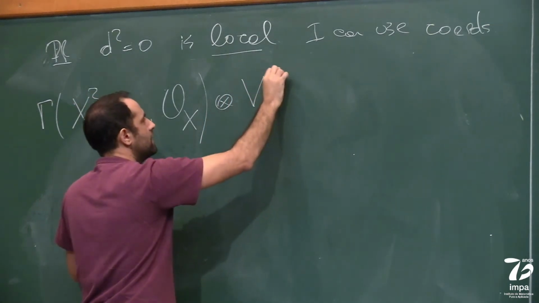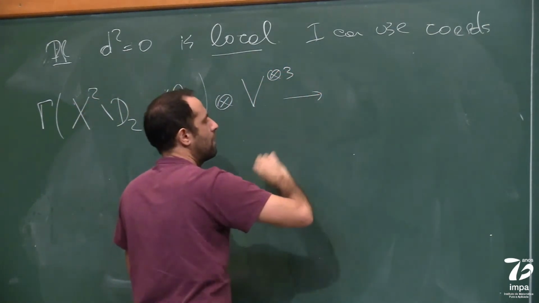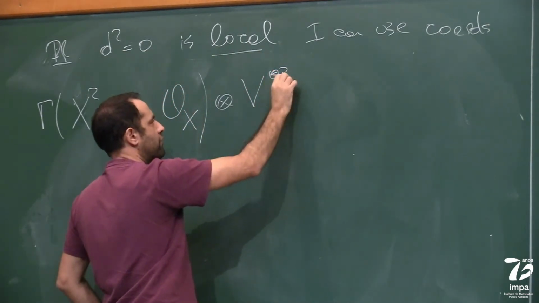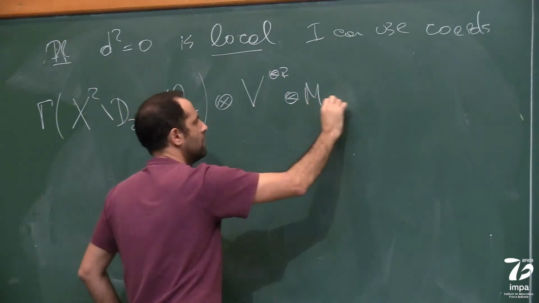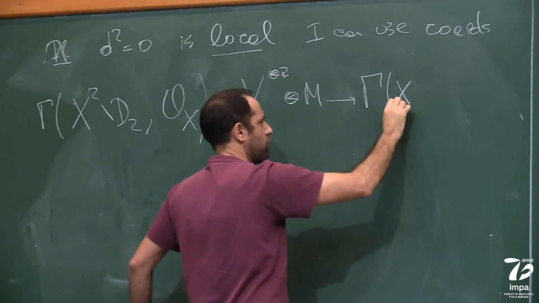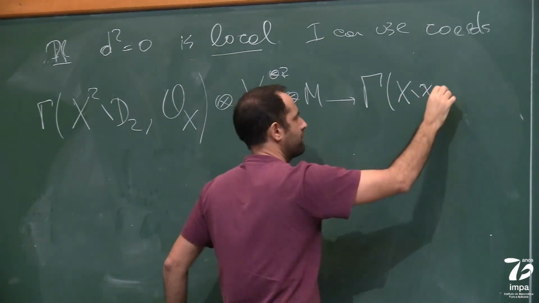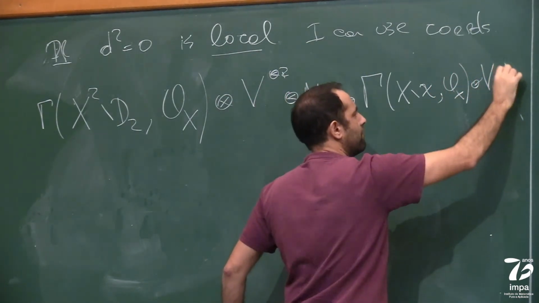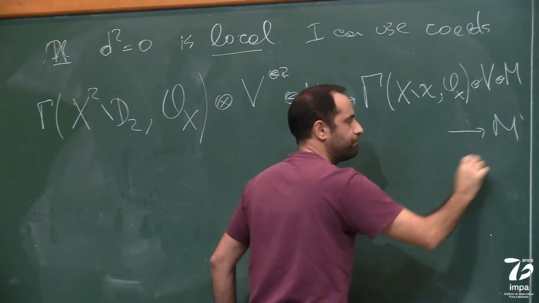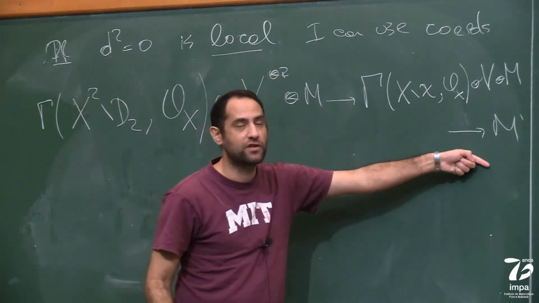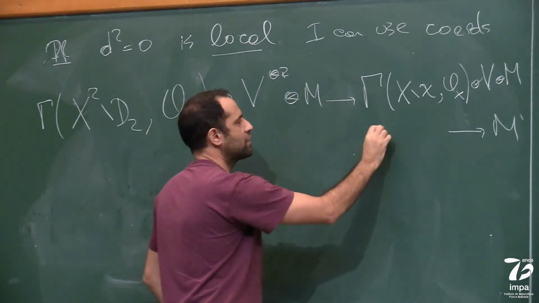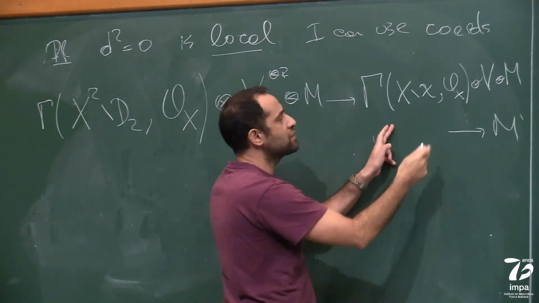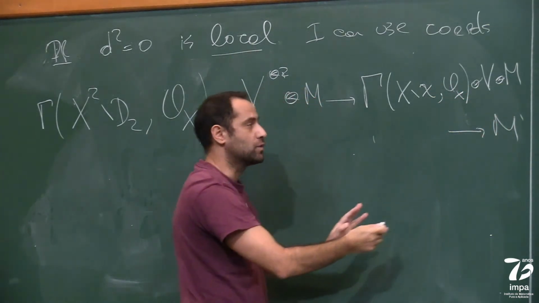We're going to have, let's do this in general for a module, v twice tensor a module, mapping to sections of one curve minus the one marked point OX, tensor v, tensor m, and then mapping finally to m. I've already told you what this differential is. This differential is function, vector, and vector in the module. Take the function, take the guy, apply it to the module, and take the residue. So that one is easy.